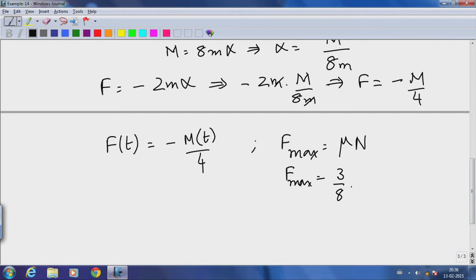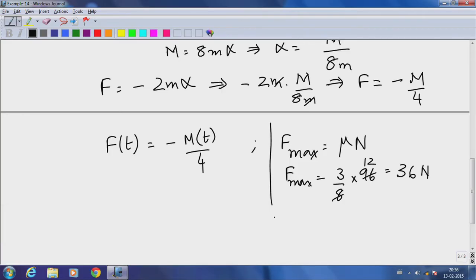So, this is 3 over 8 into 96. So, F max is 36 Newton. So, the maximum possible friction force is 36 newtons.